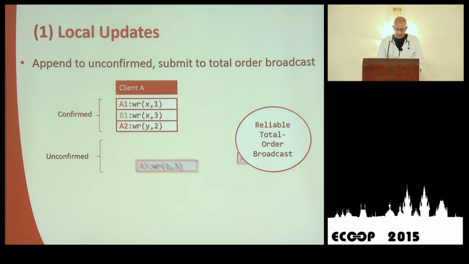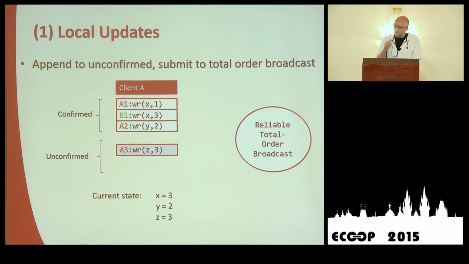Then maybe A is going to write 3 to the location Z, and it's going to send it to its unconfirmed update buffer, and also to the total order broadcast to all the other clients that may be there. Then we get a state where X is 3, Y is 2, and Z is 3. Now we're going to write a little more. We're going to write X to 0. Again, it will be sent to the total order broadcast, and it will be in our unconfirmed queue.